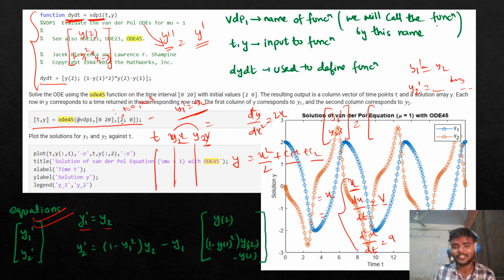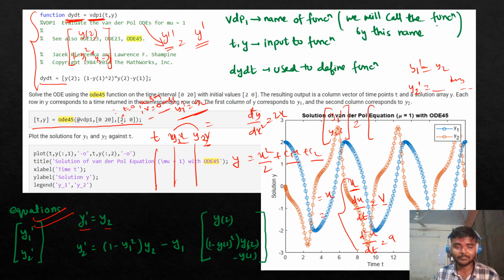Let's suppose x is equal to 3 meters, and at t equal to 0, what will be the velocity v? V will be 0 meters per second. So this is the real significance of writing like this. That's why we introduced the dummy variable, and the dummy variable has significance. You can see here we assigned a new variable y2, so y2 is velocity here.